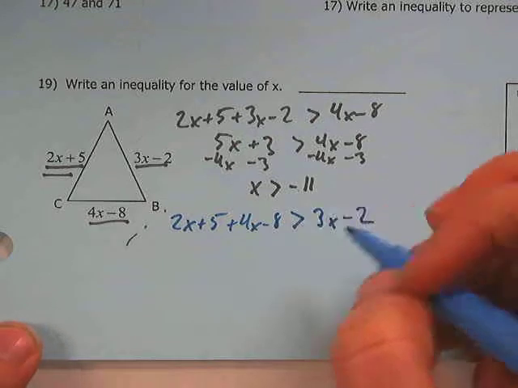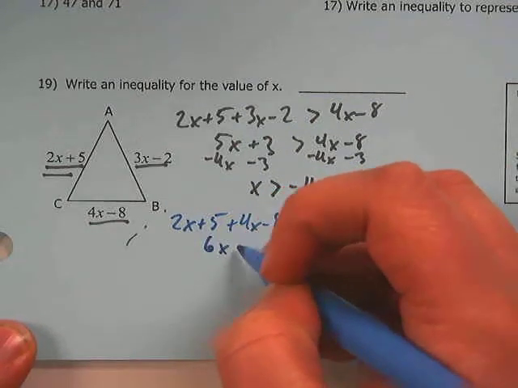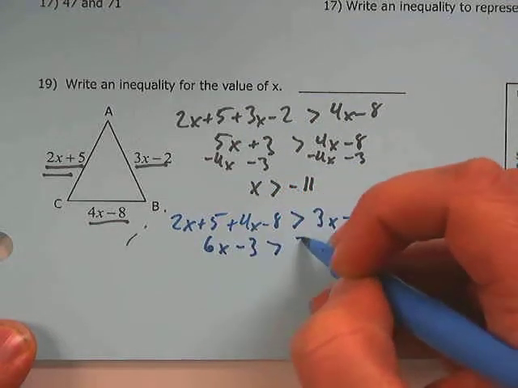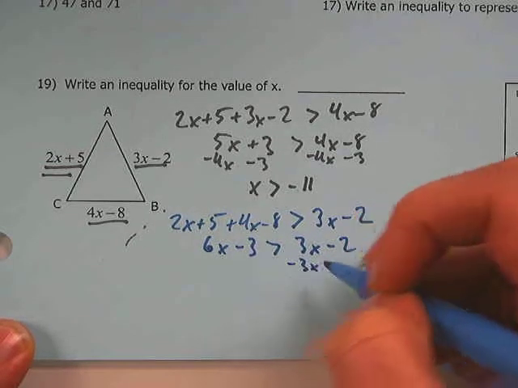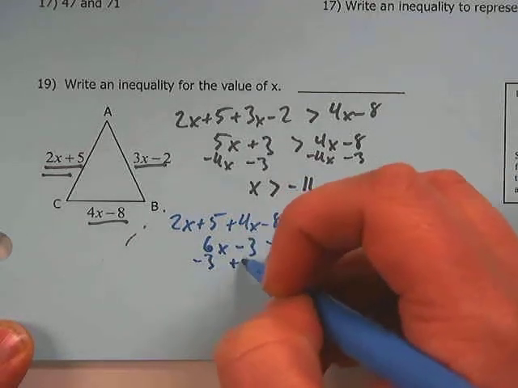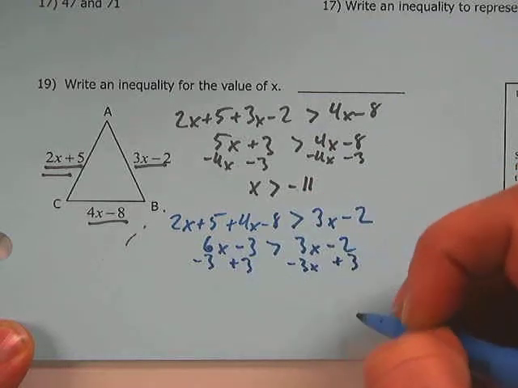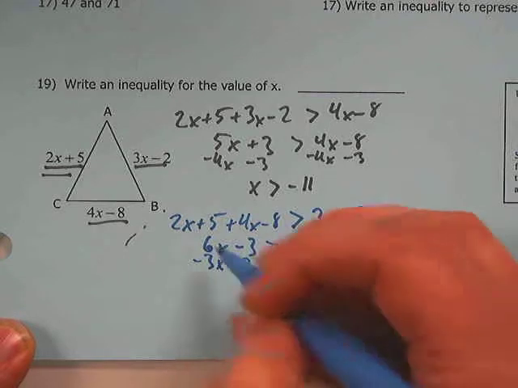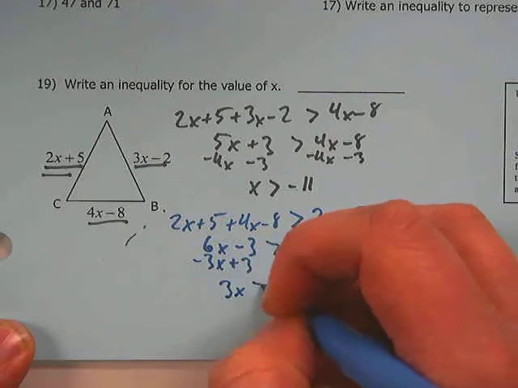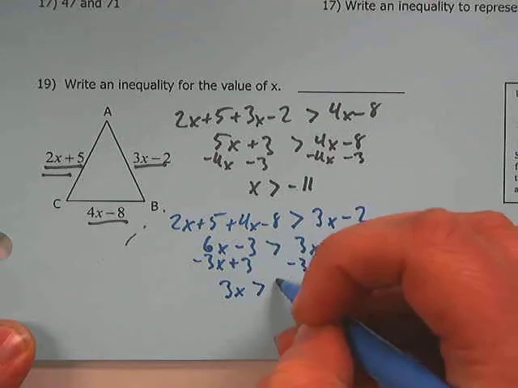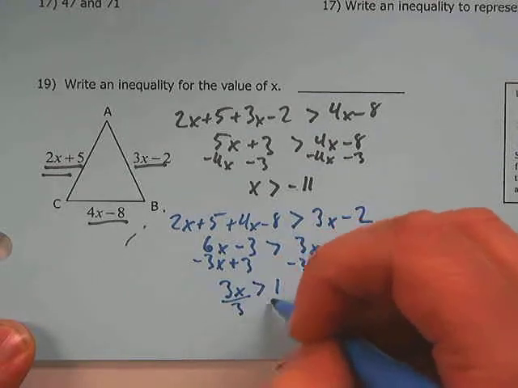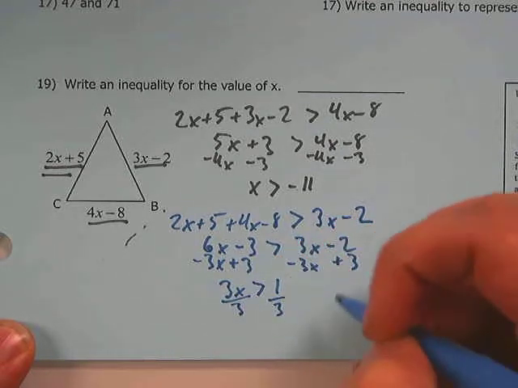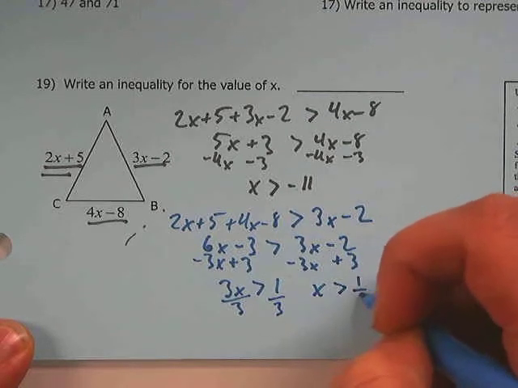Combining like terms on this side, we get 6x minus 3 is greater than 3x minus 2. Then we subtract 3x from both sides, and we add 3 to both sides. So we get that 3x is greater than 1. Then we divide by 3 on both sides, and now we have that x is greater than 1/3.